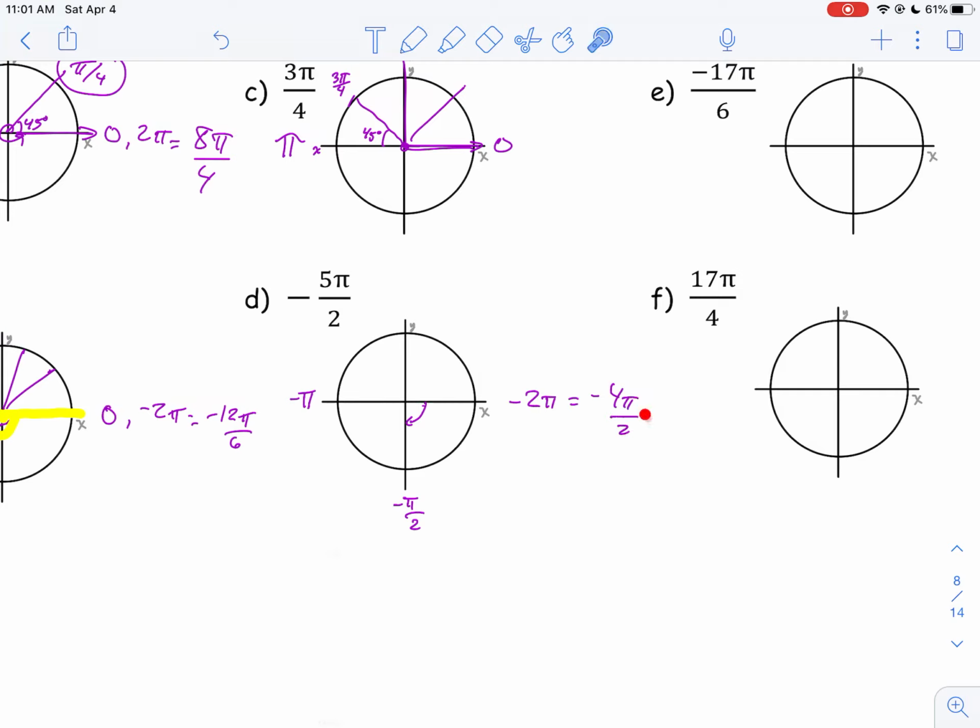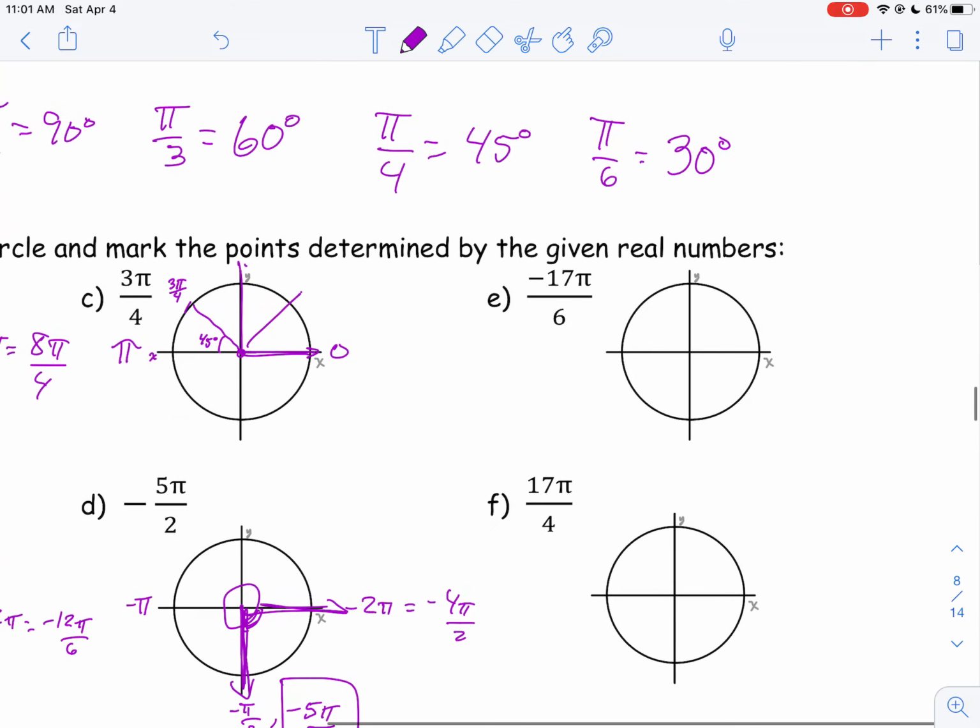I can see I need one more half of a pi to get 5/2 pi. So I can see my final answer is actually just going to be right here at negative 5 pi over 2. We talked in one video about coterminal. These two angles are coterminal. They're the same angle, the same terminal end. This one just goes around once before it gets there.